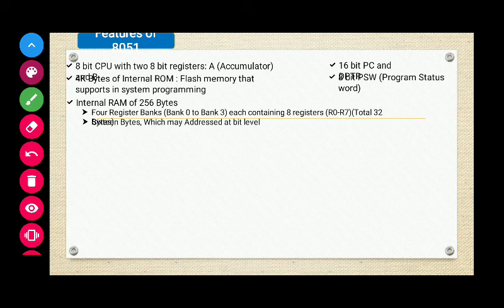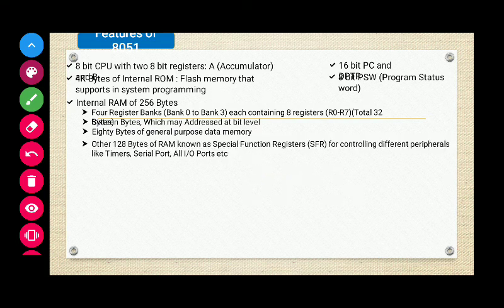Then a 16-byte area is bit addressable, which is addressed at bit level. Then 80 bytes of memory are used for general purpose data memory.